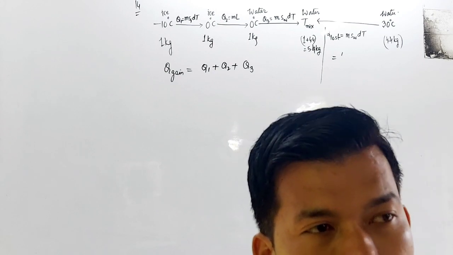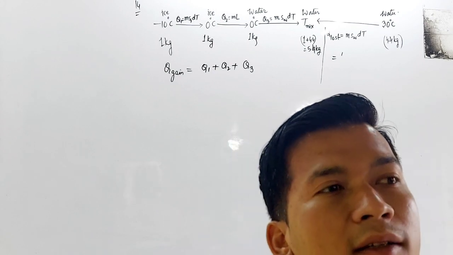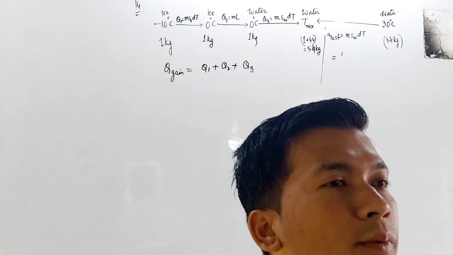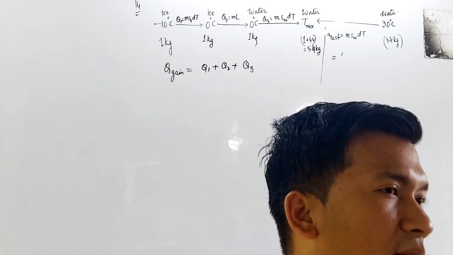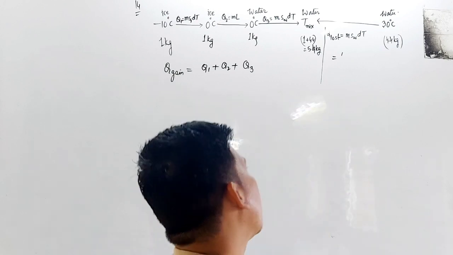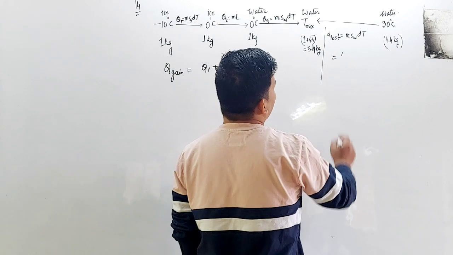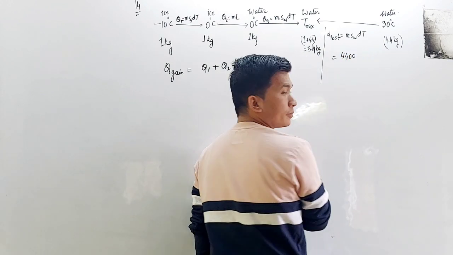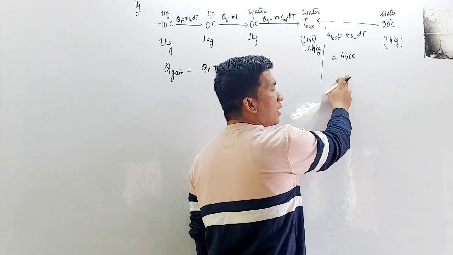That means our multiplying factor increases in the calculation, so we convert the given mass in terms of gram, we convert to gram, we can consider it to be equal to 4400 gram. This is in terms of gram.